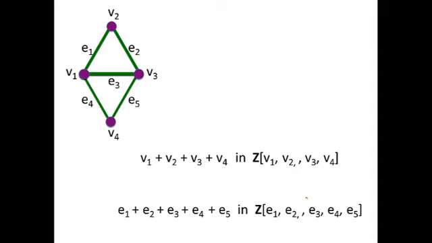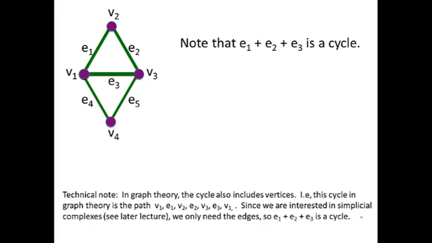So for example, adding up all the vertices, v1 plus v2 plus v3 plus v4, is an example of an element in Z of v1 through v4, while adding up the edges e1 through e5 gives us an element in the free abelian group generated by the edges e1 through e5. A more interesting example is the sum e1 plus e2 plus e3.